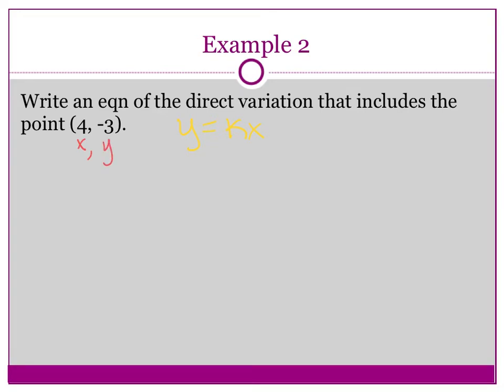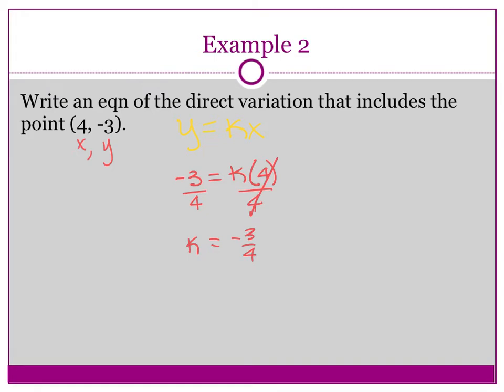So I'm going to plug x and y in. So I have negative 3. I do not know what k is, but I know that x is 4. Now by solving for k, I can find my constant of variation. So I'm going to divide both sides by 4, and I'm going to find that k equals negative 3/4.